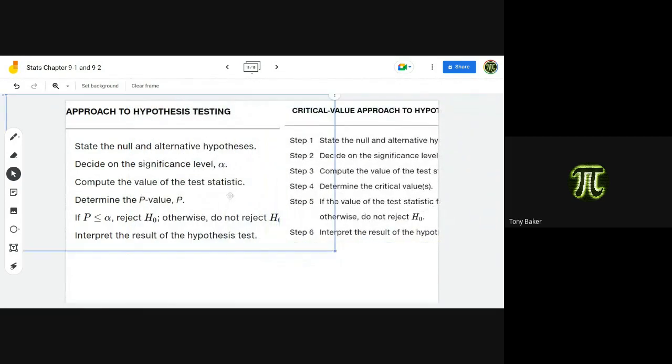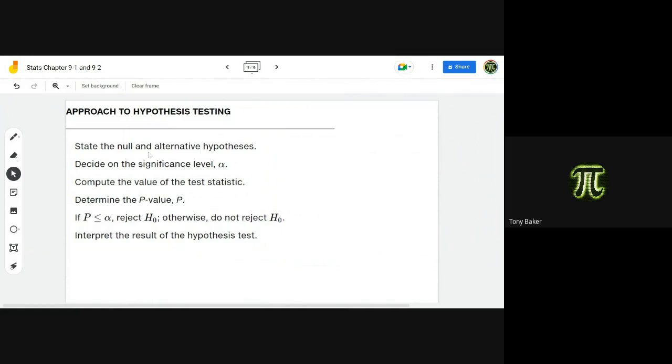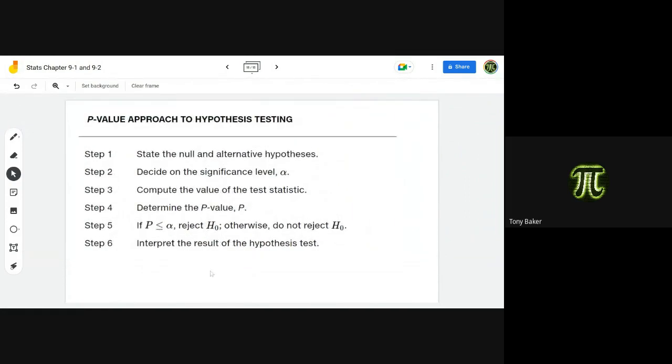So in essence, they're basically identical in concept and all the work you have to do. It just depends on how you state at the end that it's rejected or not rejected. In all honesty, it's a personal preference. There's not much difference in the concept. It really depends on whether you like the critical values or the percentage values, the p-value.